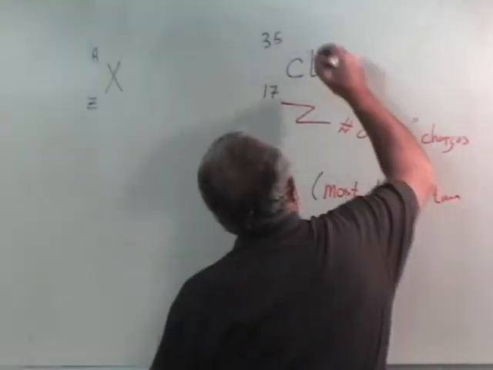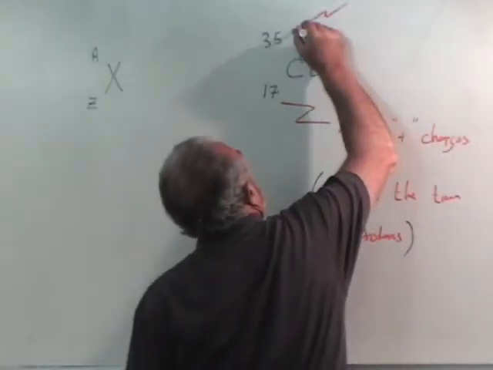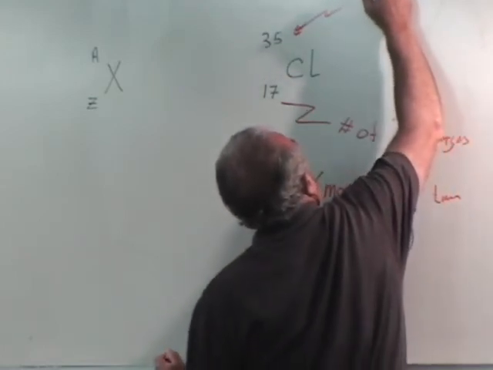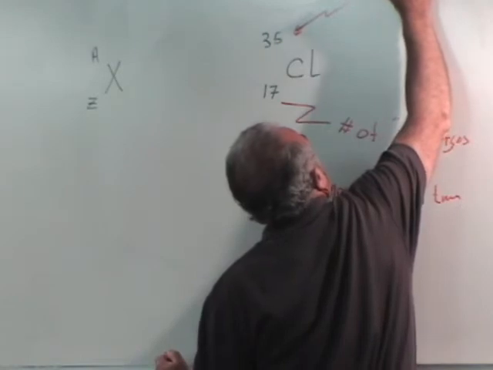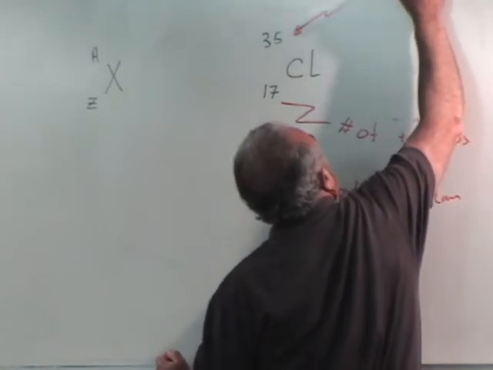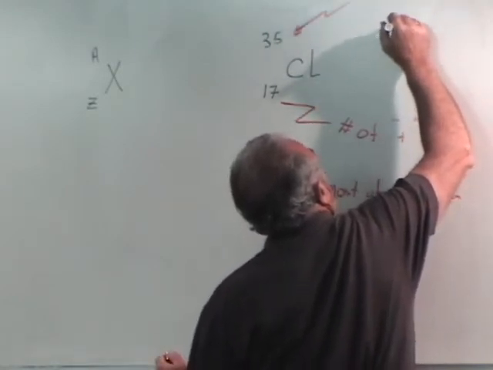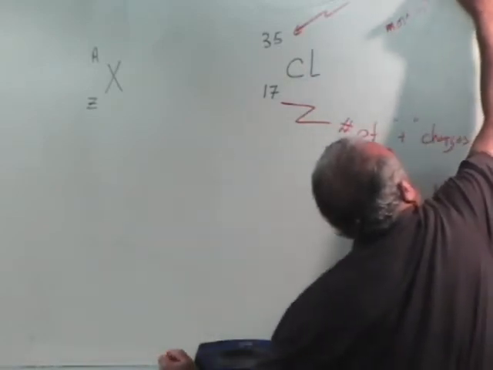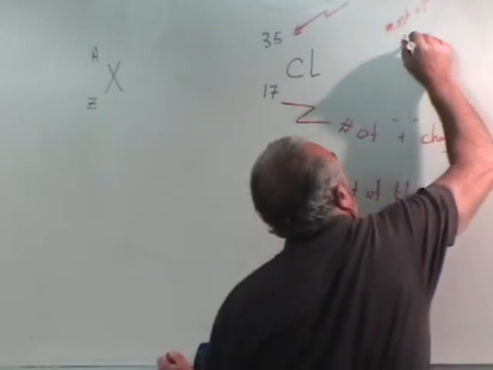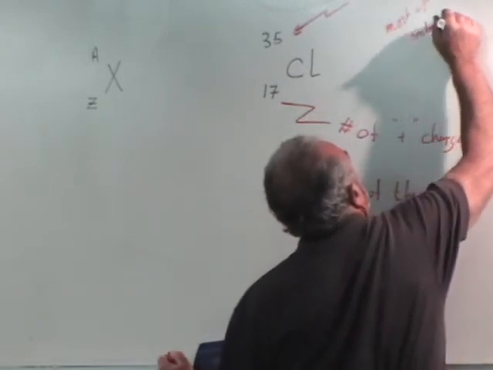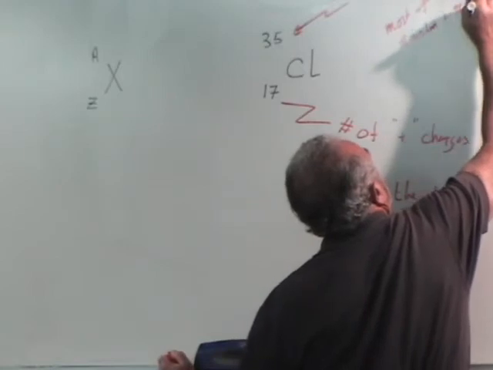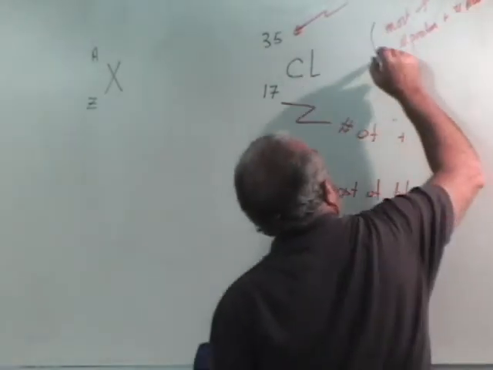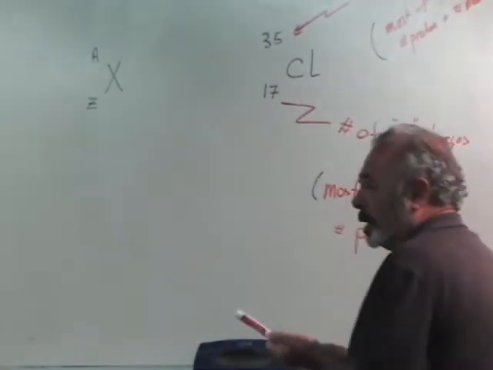And the superscript is going to be the number of mass particles. Most of the time, number of protons plus number of neutrons, in parentheses, because not always.